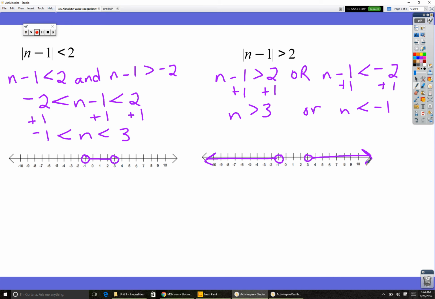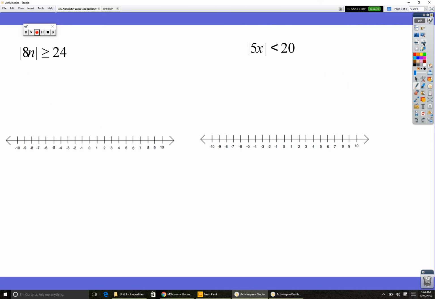Okay, one last slide. Some examples with multiplication. So again, it's already solved for the absolute value, so we don't have to do any solving to get the absolute value by itself. Jocelyn, what would my first inequality be?